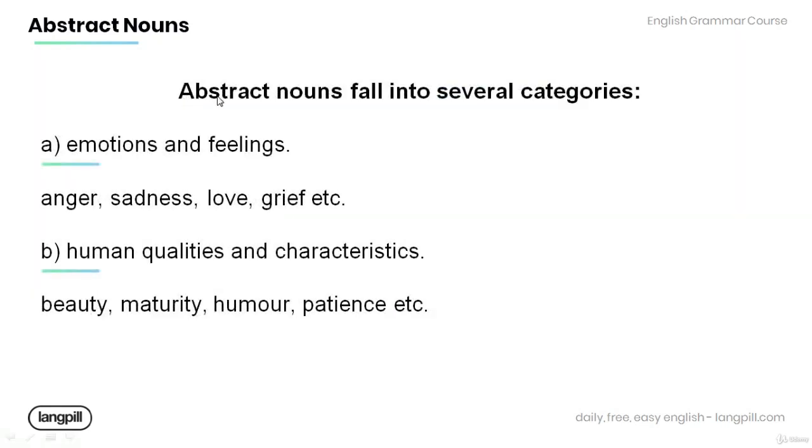Now, abstract nouns fall into several categories. Let's have a look at those.